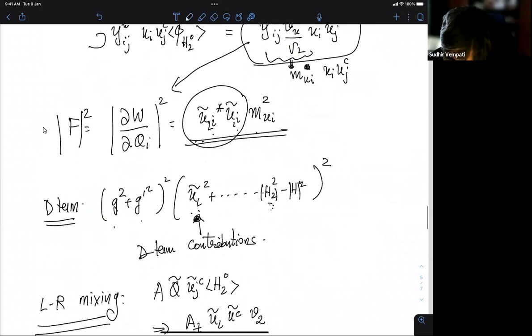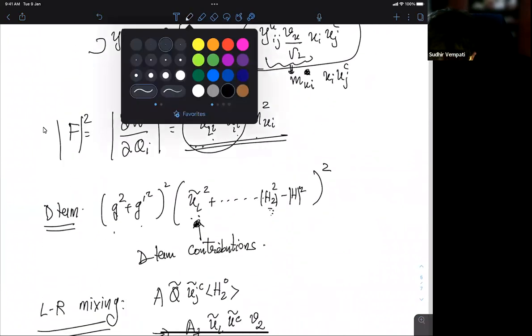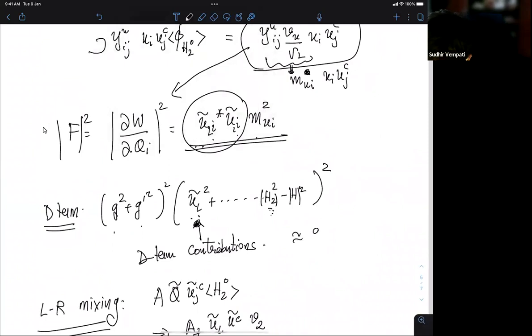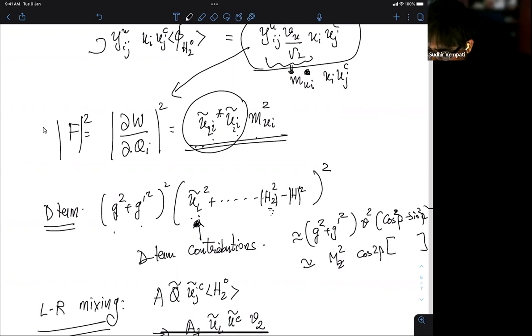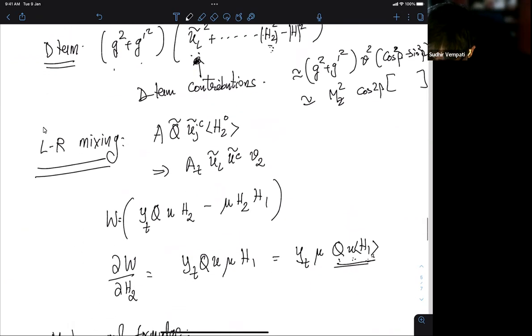So this gives you terms which are roughly G square plus G prime square. Now, if you take V square outside, this gives me cos square beta minus sine square beta. So this is nothing but Mz square cos 2 beta times some formula essentially.